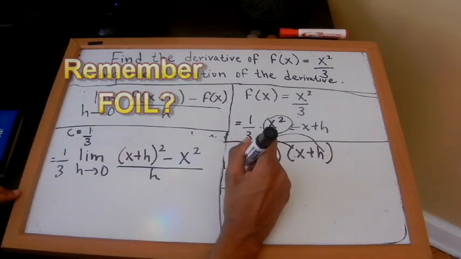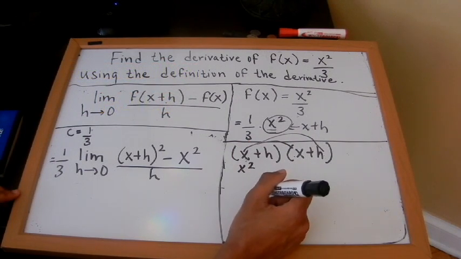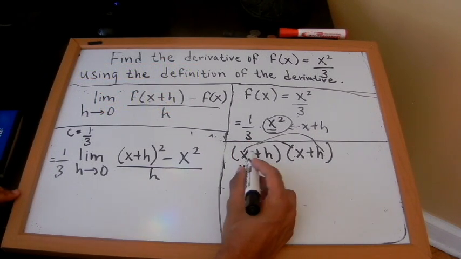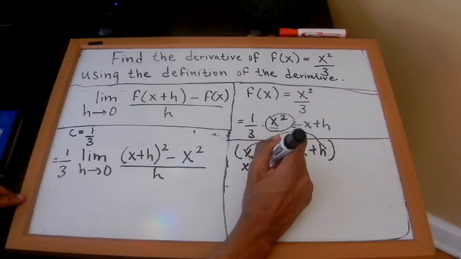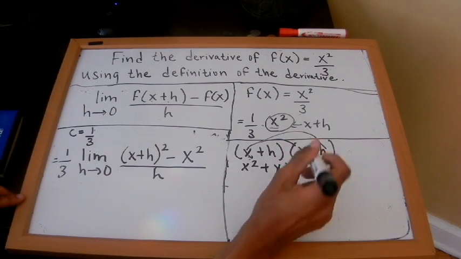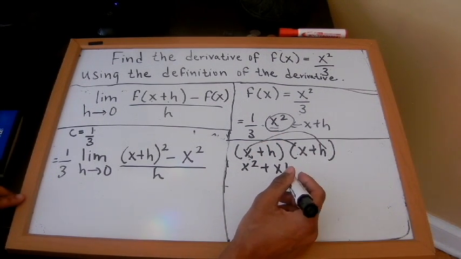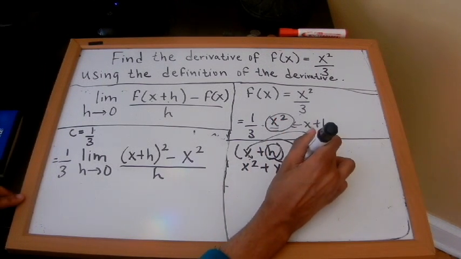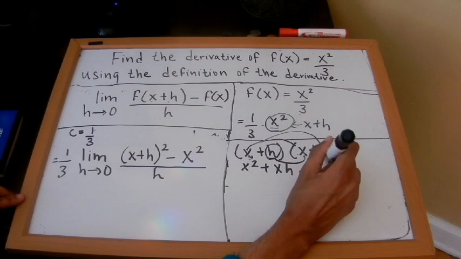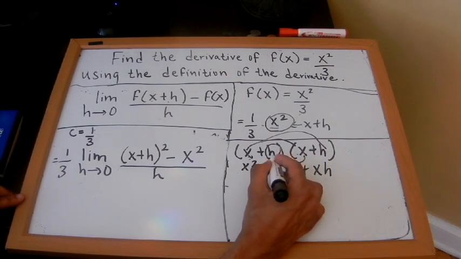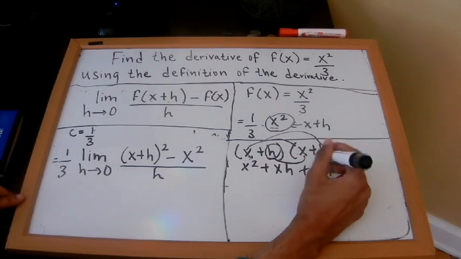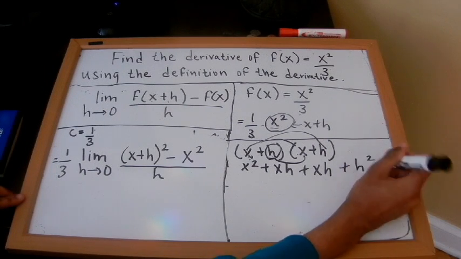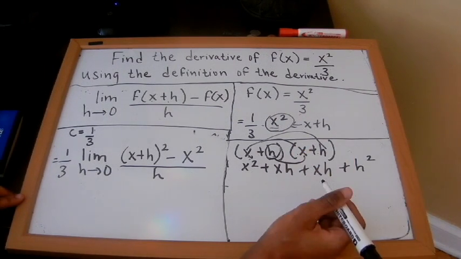So x times x is x squared. And then we have x times h, which is simply xh. And then we have h here. We multiply this by x, which is xh. Then we have h times h, which is simply h squared.